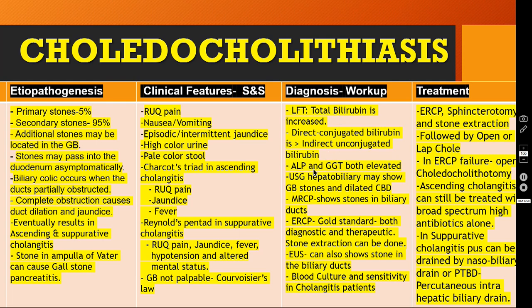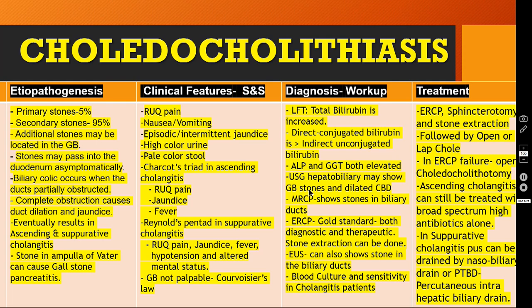Alkaline phosphatase is also increased in bony pathology, in pregnant women, and in pediatric population. So in order to differentiate the other causes for increase of alkaline phosphatase, we should do GGT also along with ALP. If both are increased, that means the pathology is because of hepatobiliary pathology.